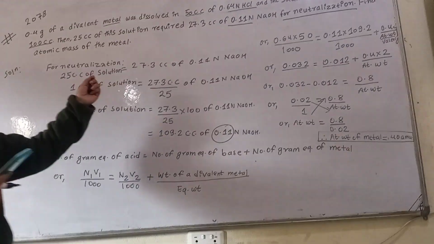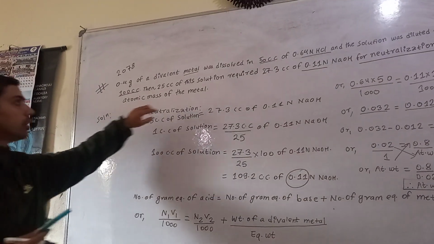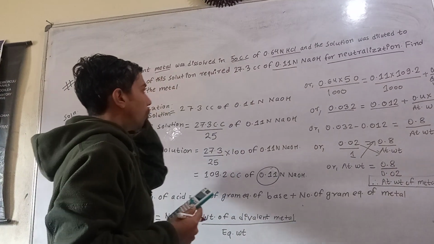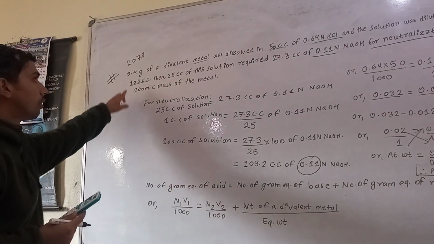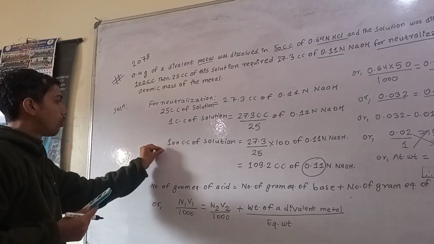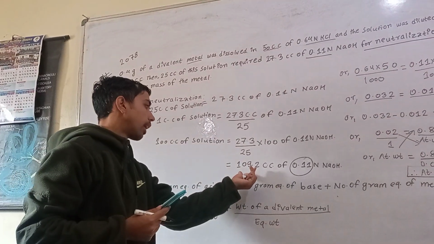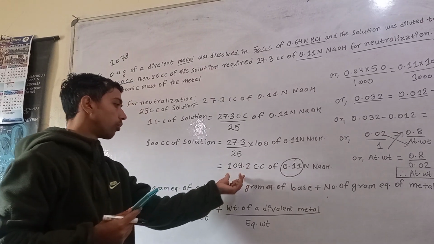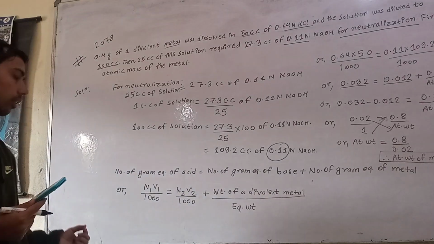Here we need to start with the clue, that is for neutralization. This is the clue where we need to start off. As the solution is diluted to 100, we need to calculate the 100 cc of the dilute solution. Then we can come to the volume of the base, which was used in the number of gram equivalent of the base.